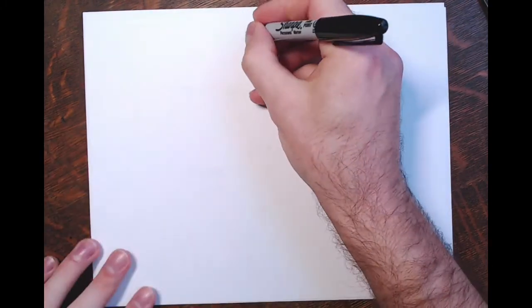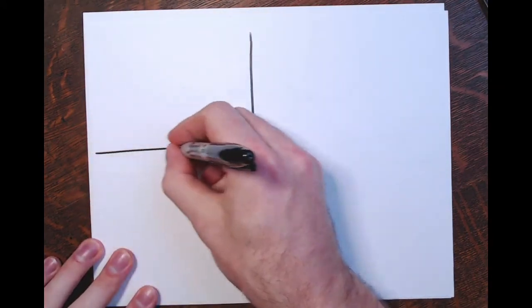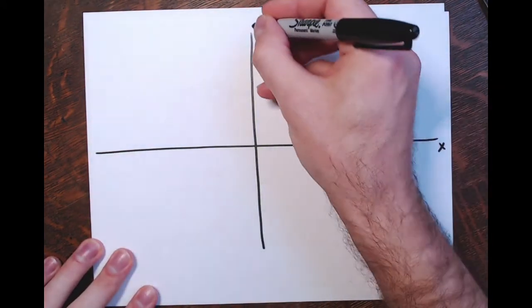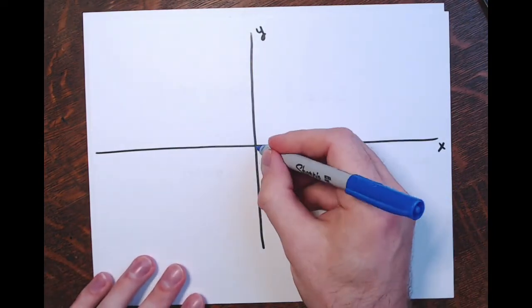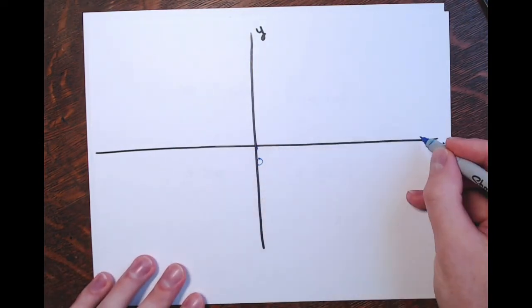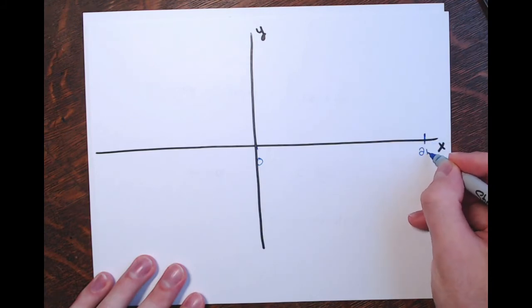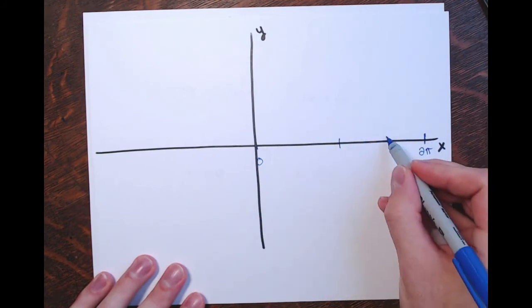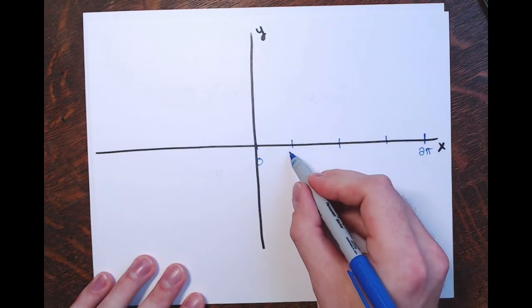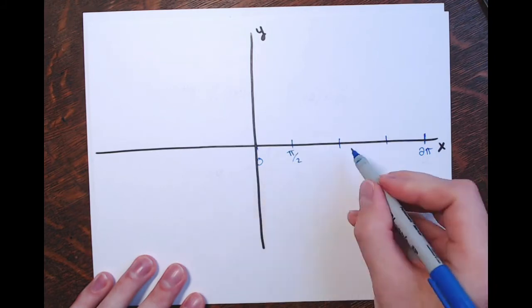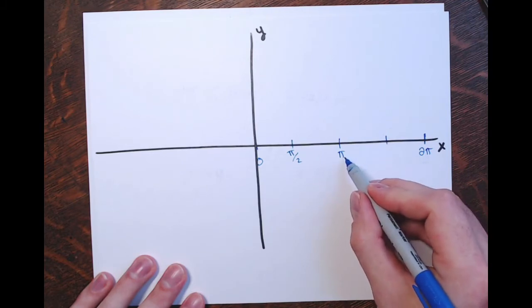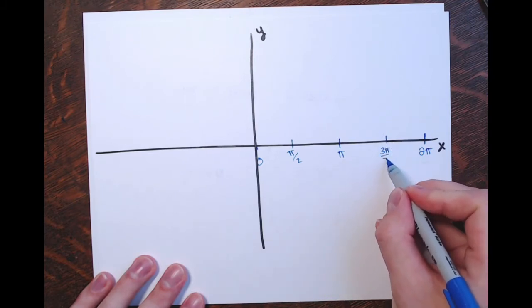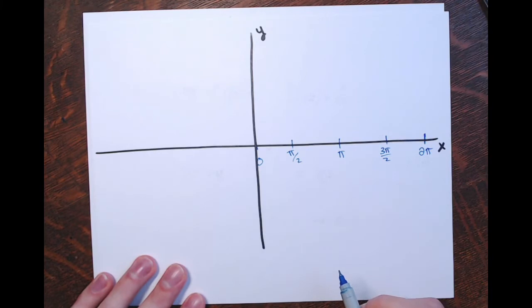So again, here's the xy coordinate plane. Now I'm just going to mark off every pi over 2. All right, so I say here's 0. Let's say this is 2 pi over here, and then we'll break this into quarters. So this is pi over 2, first quadrant, then pi over 2 to pi, second quadrant, angles in standard position, pi to 3 pi over 2 for third quadrant, and then 3 pi over 2 to 2 pi for fourth.